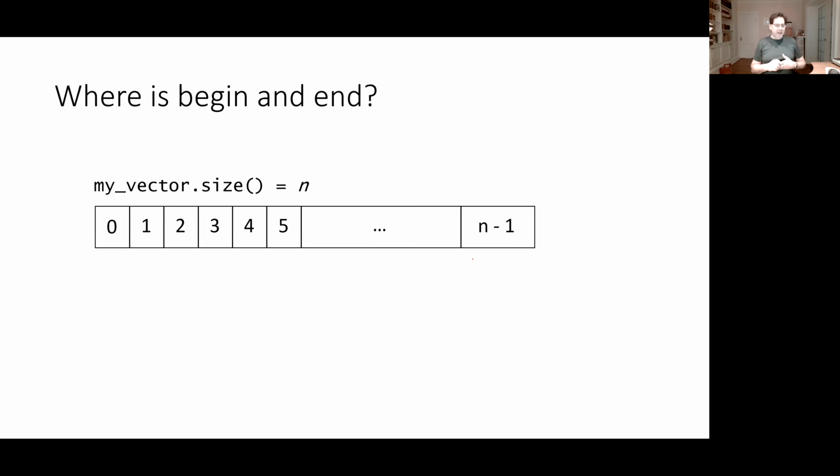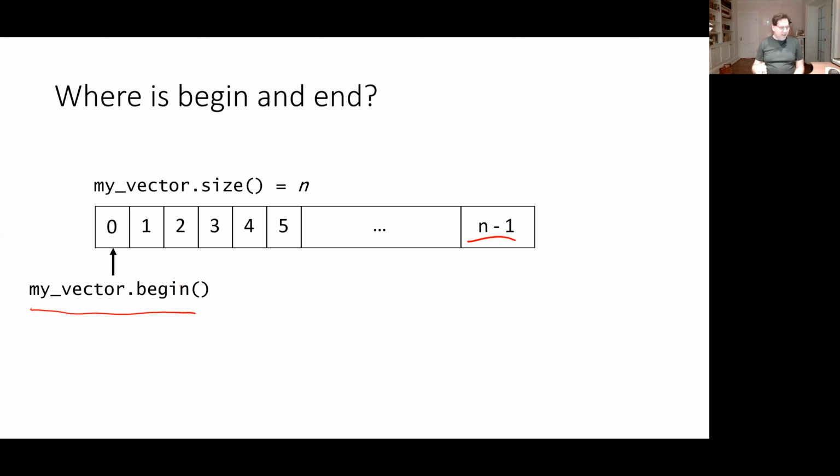Okay, so where are begin and end? Let's say I have some vector. I've declared an object named my vector, and if I call its size member function, it says I have n elements. Those n elements are indexed from 0 to n minus 1. If I call my vector.begin, we get an iterator, like a pointer, that points to the first element of this object.